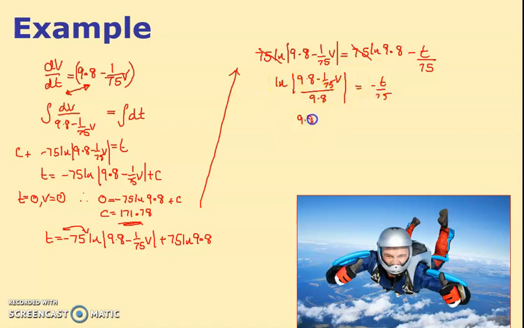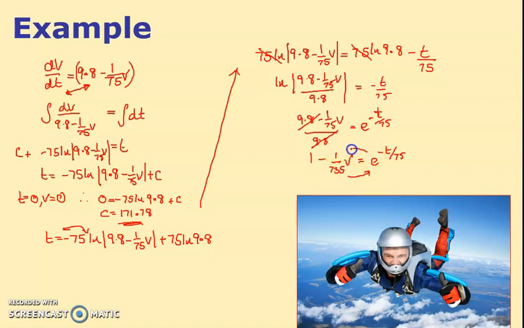I get (9.8 minus a 75th of v) over 9.8 equals e to the minus t over 75. That obviously doesn't disappear. It becomes 1 minus, what's a 75th divided by 9.8? Can't imagine it's very nice. 1 divided by 75 divided by 9.8, 1 over 735, v equals e to the minus t over 75.